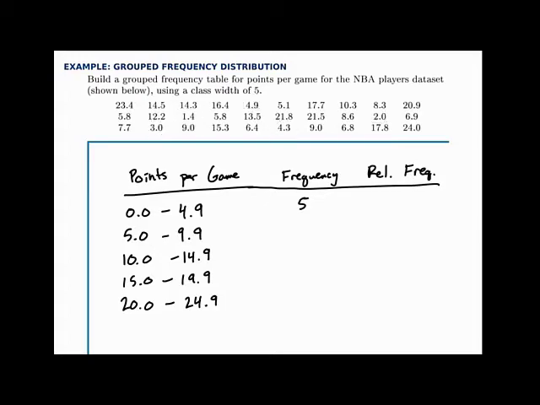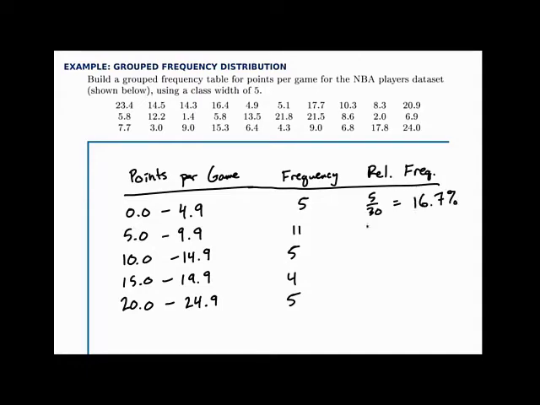So once you count all the others, you should get 11 for the second class, 5 for the third class, 4, and then 5 for the final class. And then if we divide each of these by 30 to get the relative frequency, 5 divided by 30 is 0.16 repeating, so you can round that to 0.167 or 16.7%.